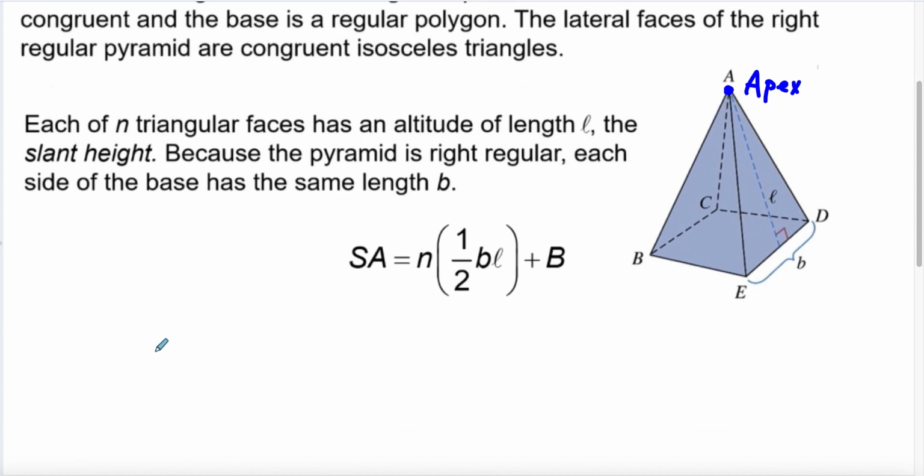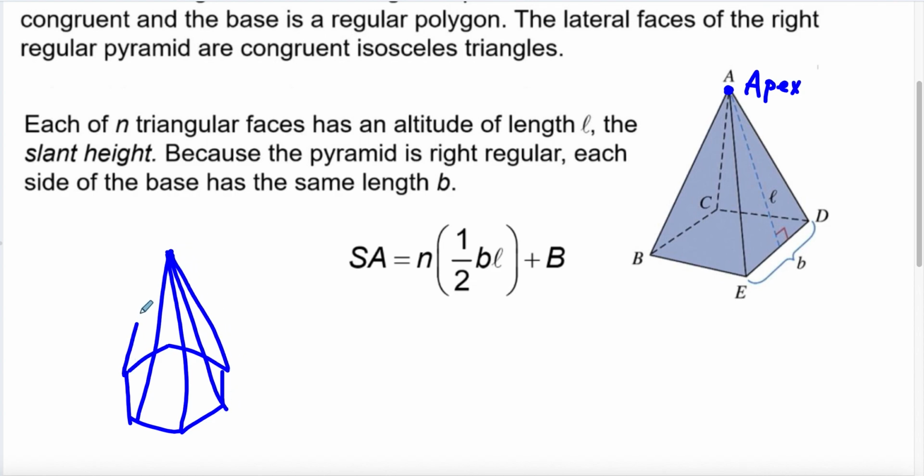It can be a hexagonal pyramid too. Then you're going to have 6 sides as the base, and the apex is outside. You can connect all the vertices of the base with that apex, and then you can make a pyramid. This one is a hexagonal pyramid. My drawing is not perfect, but you got the idea, right?